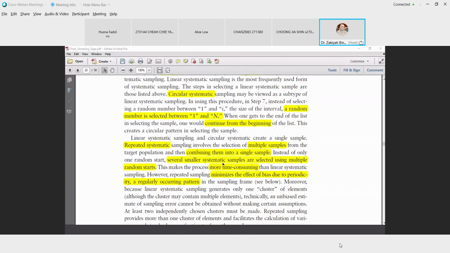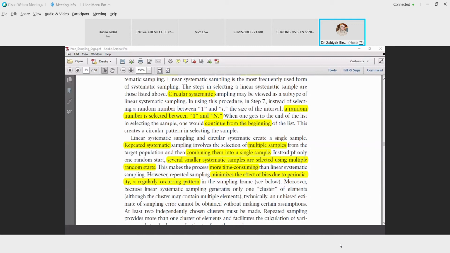Now, repeated systematic sampling, as the name suggests, something is repeated. It involves selection of multiple samples and then combining into a single sample. What does that mean? Instead of only choosing one random start, the first element, now you have several smaller systematic samples selected using multiple random starts. That means you start at different points.